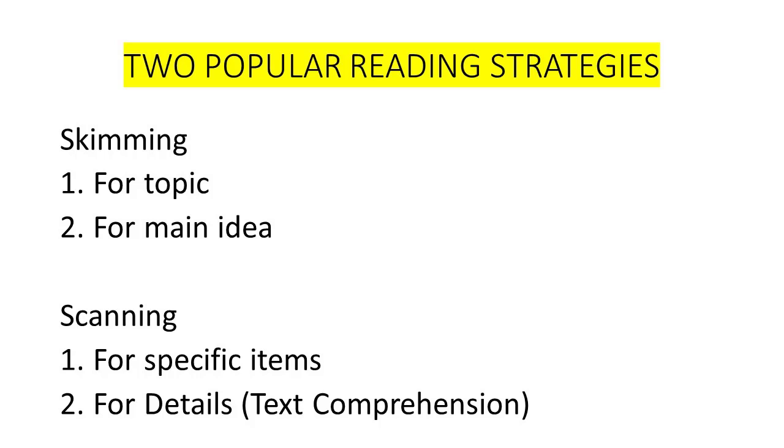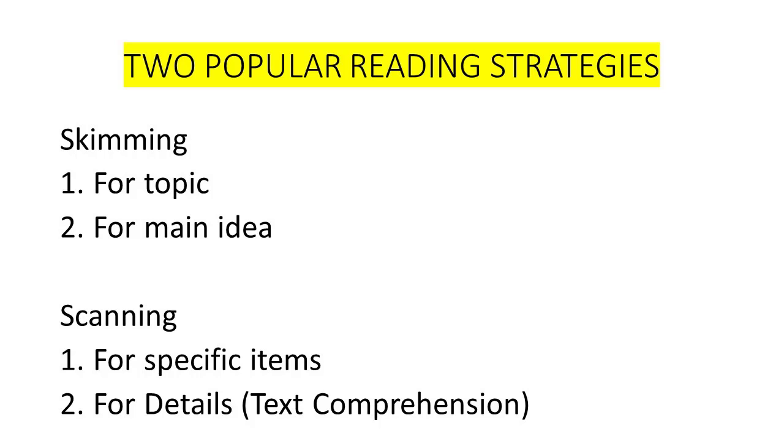We just read the text at a glance. We don't need to read word by word. So everybody, this technique or strategy is useful for you to find the topic and main idea.